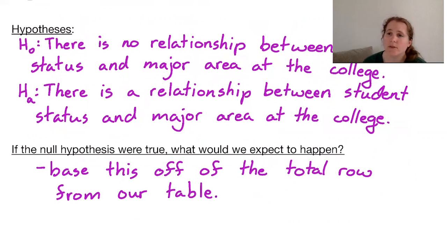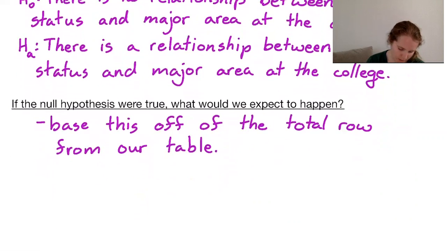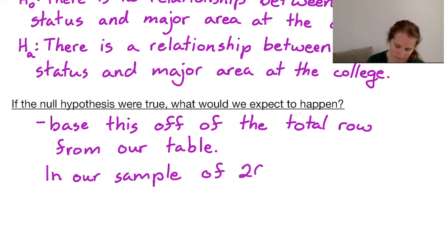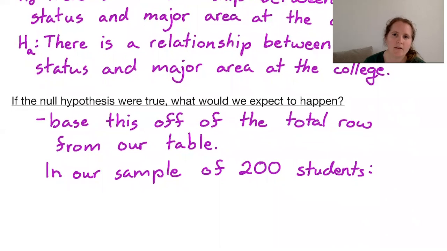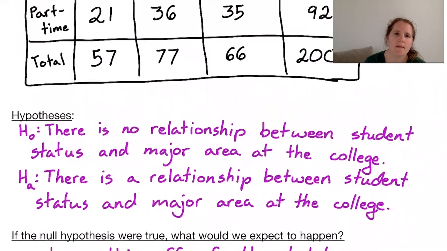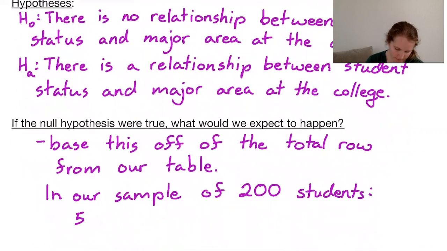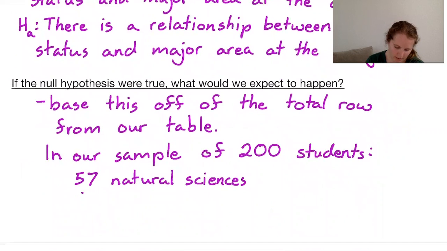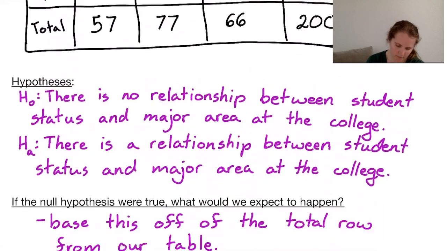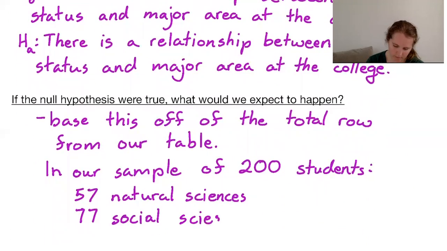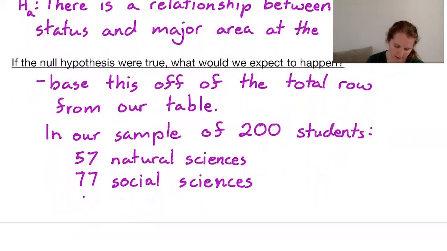In our sample of 200 students, we have 57 natural sciences, 77 social sciences, and 66 humanities.